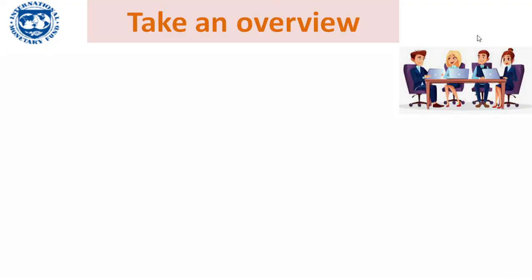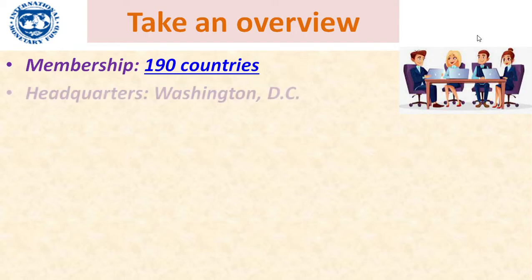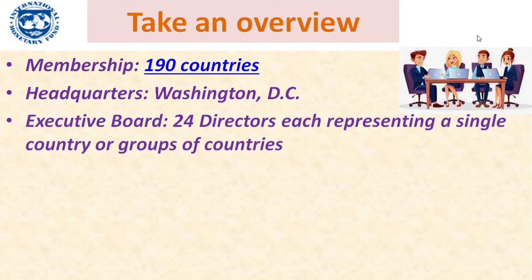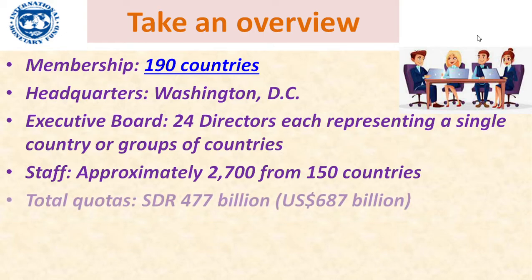Take an overview step by step. Membership, there are 190 countries. Headquarters, Washington DC. Executive board, 24 directors, each representing a single country or groups of countries. Staff, approximately 2,700 from 150 countries.